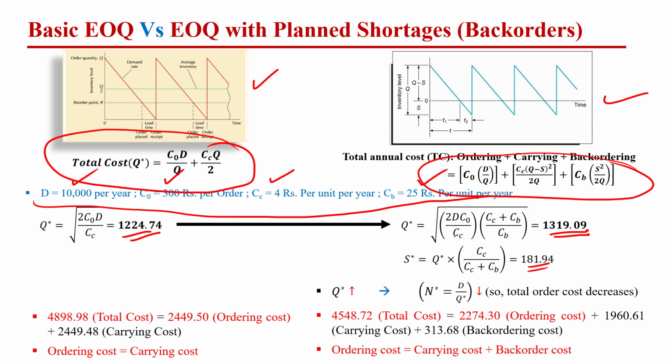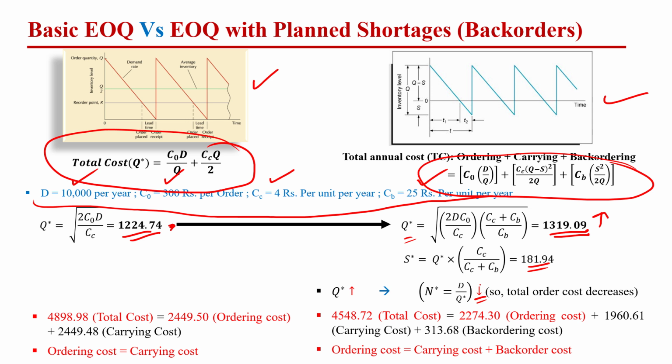What we are seeing is that no matter what kind of data you have, whenever you use the economic order quantity with planned shortages, your Q star is always higher than the basic EOQ model. Because the optimum order quantity is higher than the basic EOQ model, we are going to place fewer orders, which will decrease the number of orders.